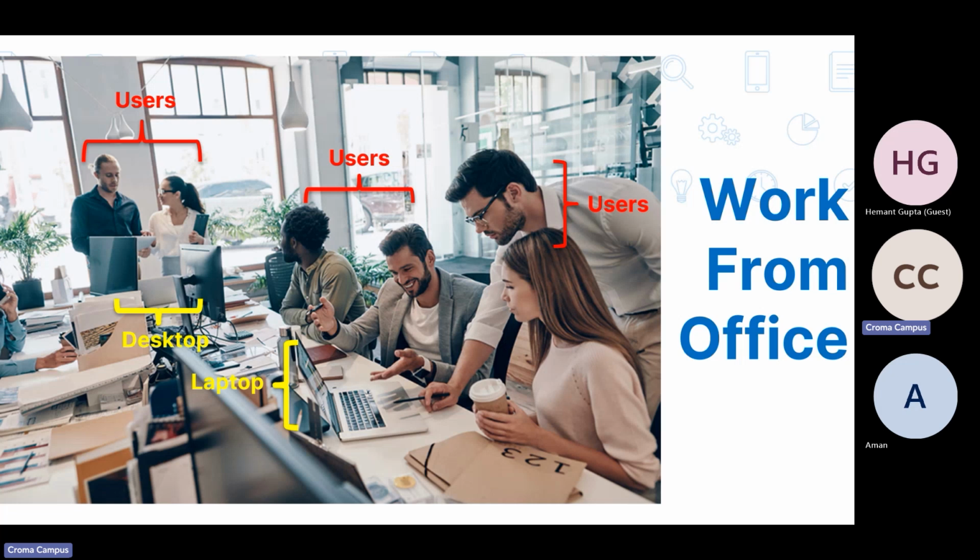So these are the devices that help you become productive within the office. But if you are given laptops that allow you to be productive from home as well, you have the privilege to work from home. You can connect to business applications and resources outside the office network, outside the office premises as well, using the VPN.